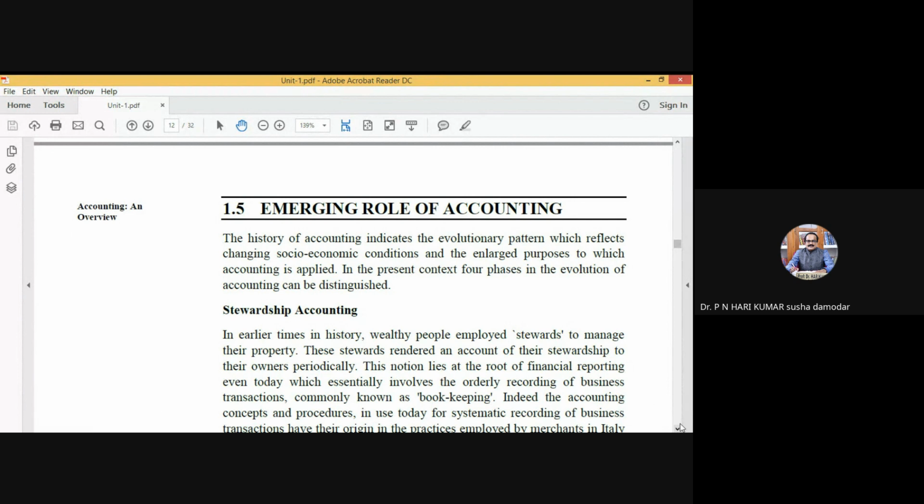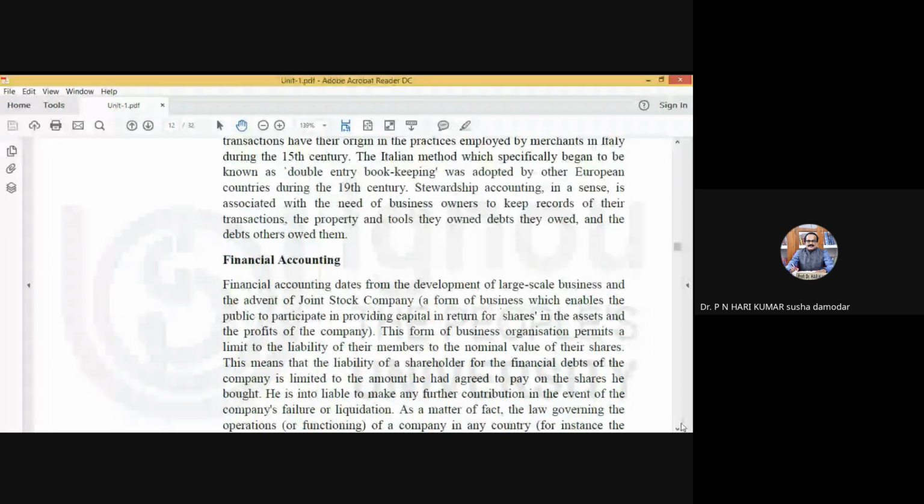And the next phase of accounting is financial accounting. Almost all the transactions are of economic character, economic events, financial character, financial events, cash transactions. So when we deal with money, these are financial transactions.